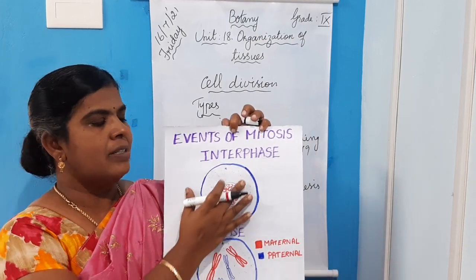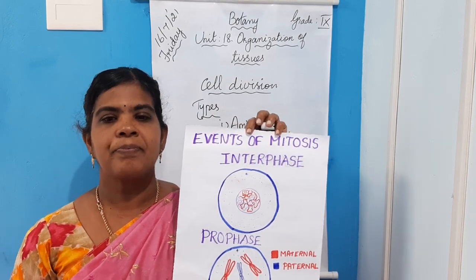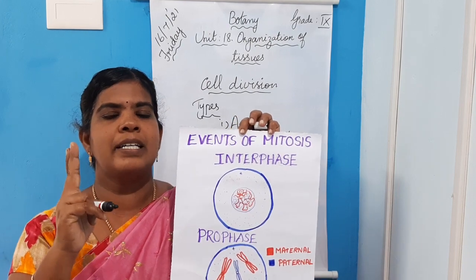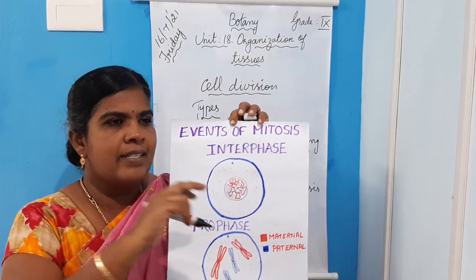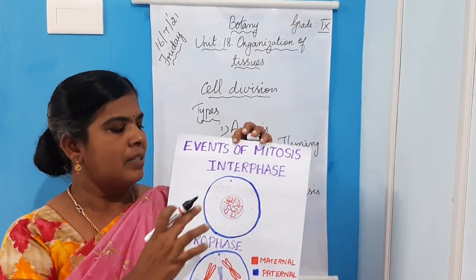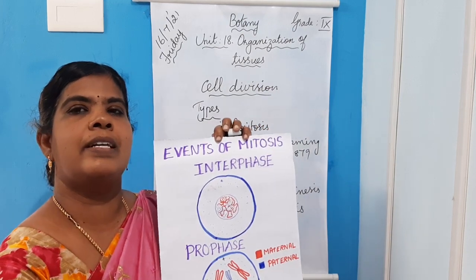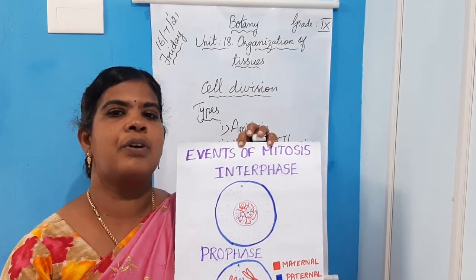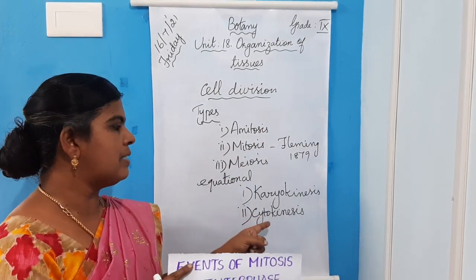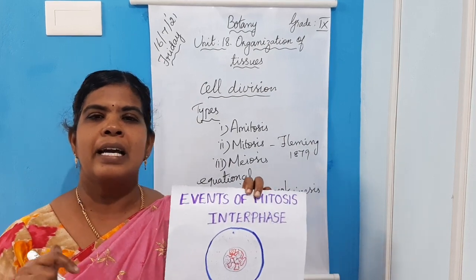Okay, this is interphase, the resting phase of the nucleus. It is the interval between two successive cell divisions. In this stage, the cell prepares itself for the next cell division. Then mitosis cell division consists of two important phases, karyokinesis and cytokinesis.